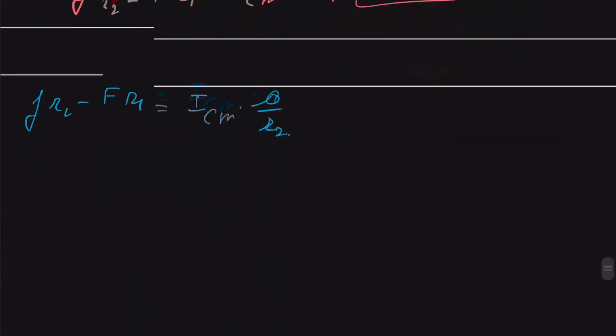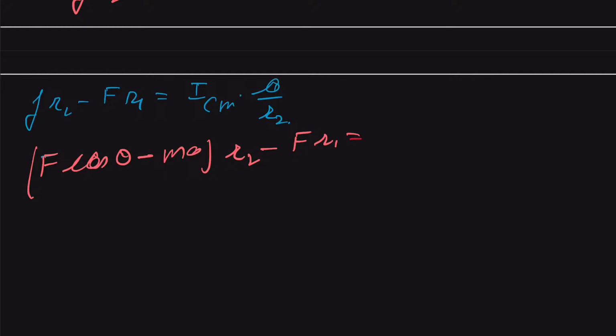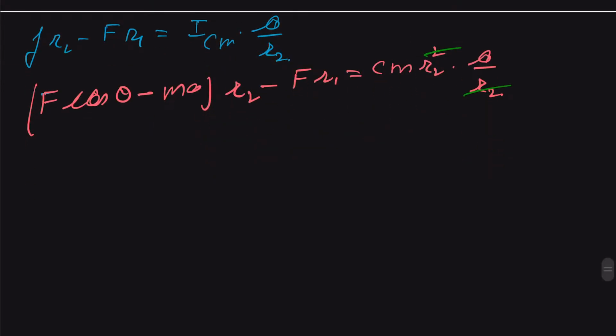Substituting this, we get F cos of theta minus MA times R2 minus F times R1 is equal to ICM, which we already know is C multiplied by M R2 square, times A upon R2, and this R2 goes by square, and we open the bracket.